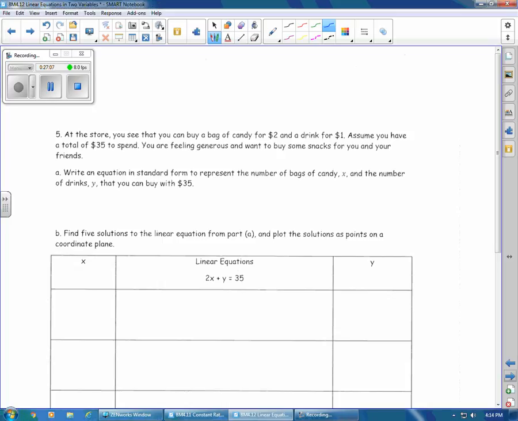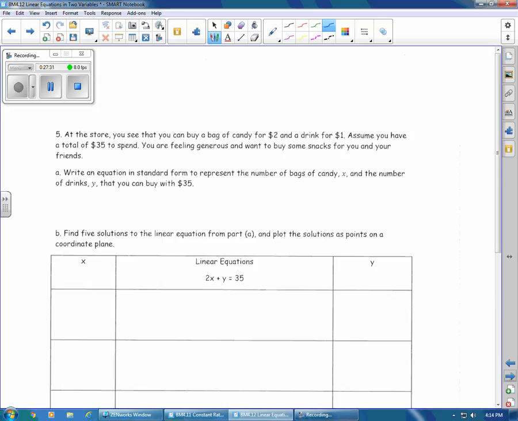So some of the big ideas that you should have gotten out of this lesson: a two-variable linear equation that is in the form of ax plus by equals c is said to be in standard form. And a solution to a linear equation in two variables is an ordered pair. That's your parentheses with your x and your y that makes the equation true.